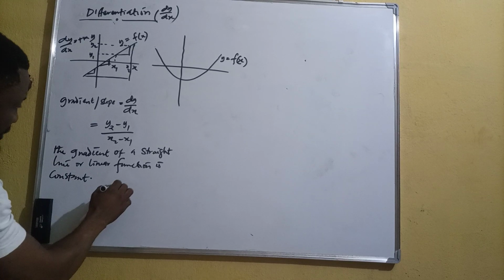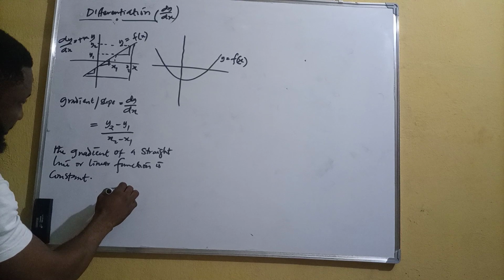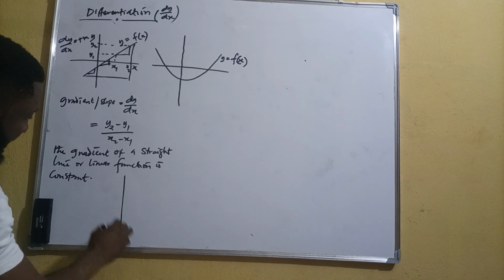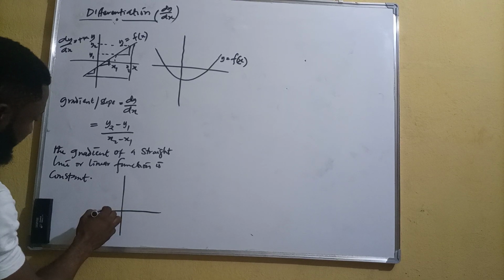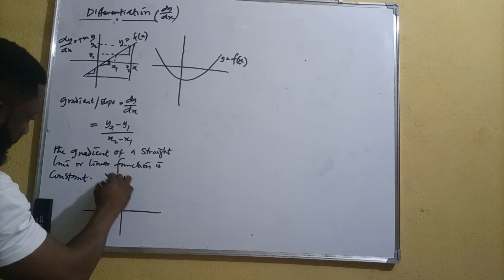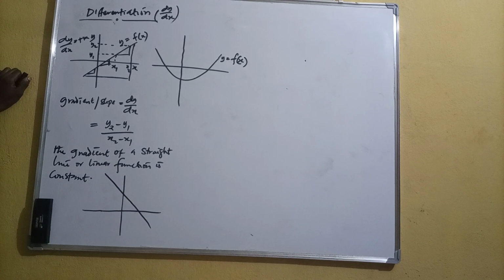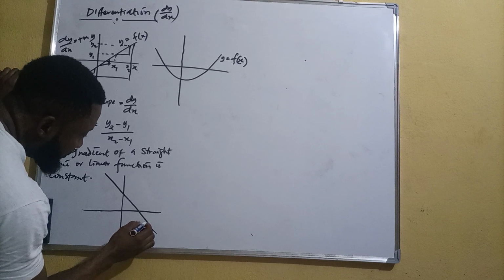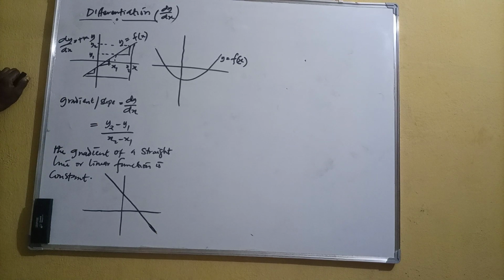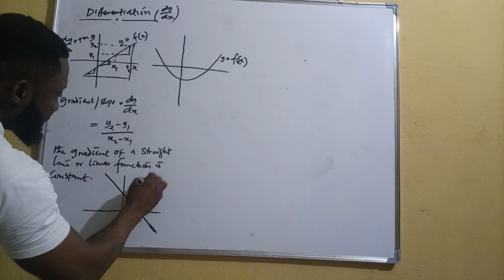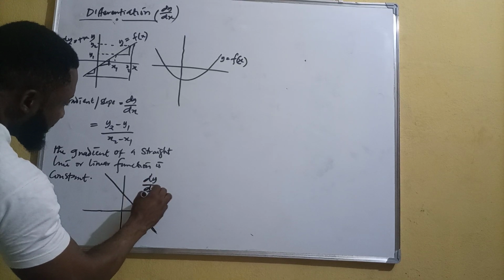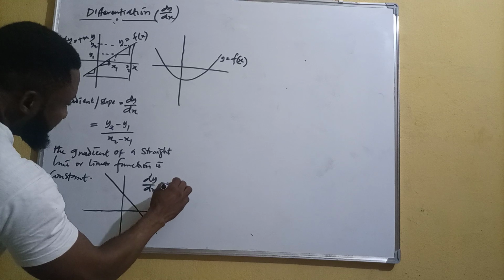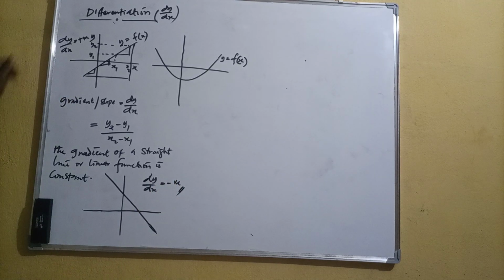But if we have a situation like this, let's look at this. If the graph is like this, it's coming this way. This is a retarding linear function. So the dy/dx of this function is negative.